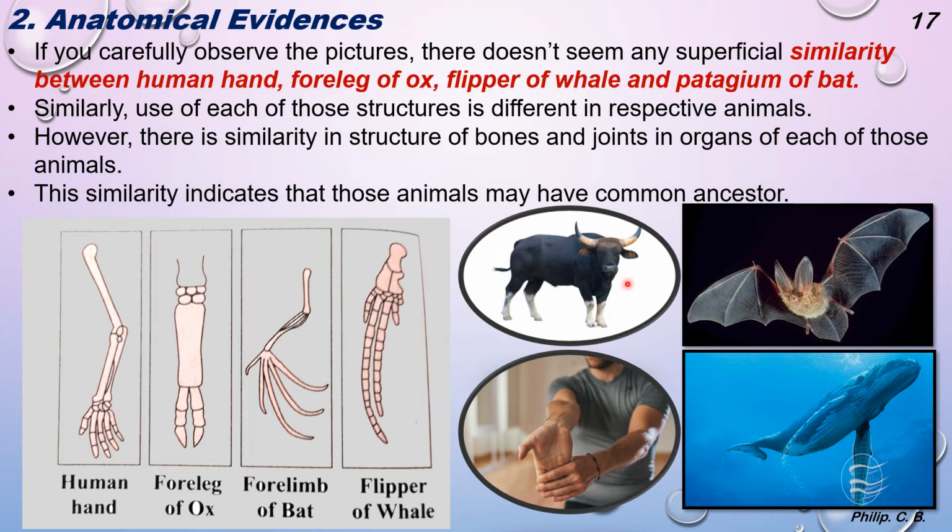That is, in case of ox, for moving around, walking; hand for doing various functions; for bat, flying; for whale, swimming in water, right? However, there is similarity in the structure of bones and joints in the organs of each of these. This similarity indicates that those animals may have common ancestors.